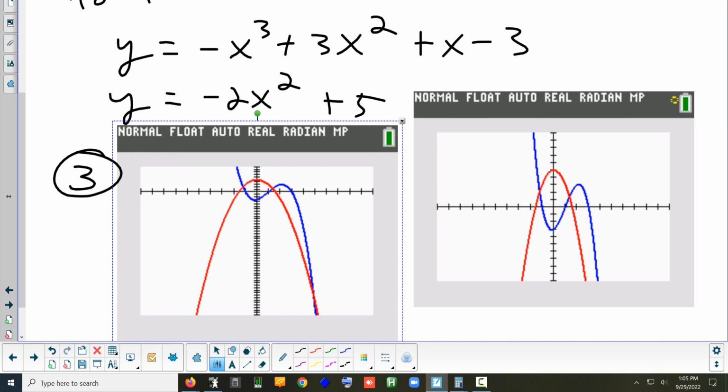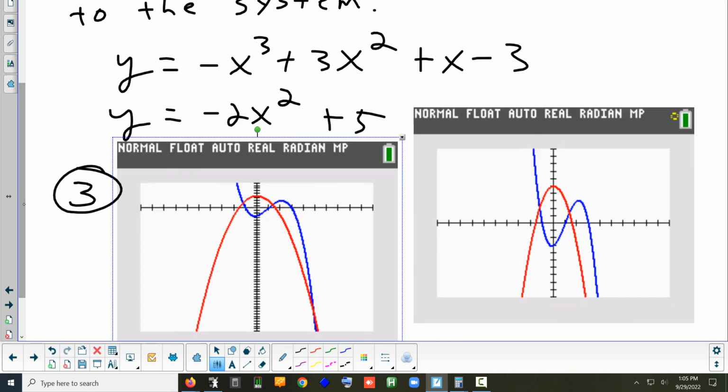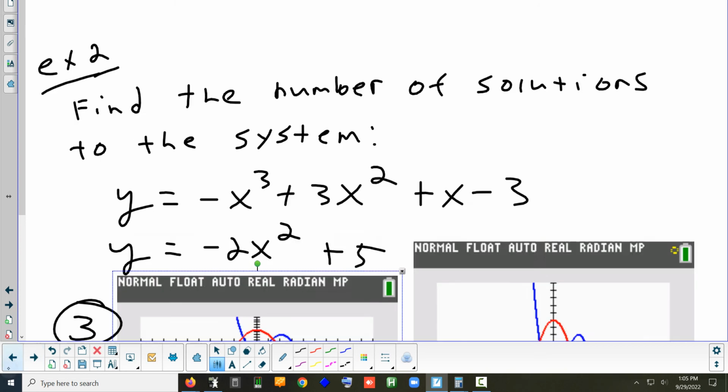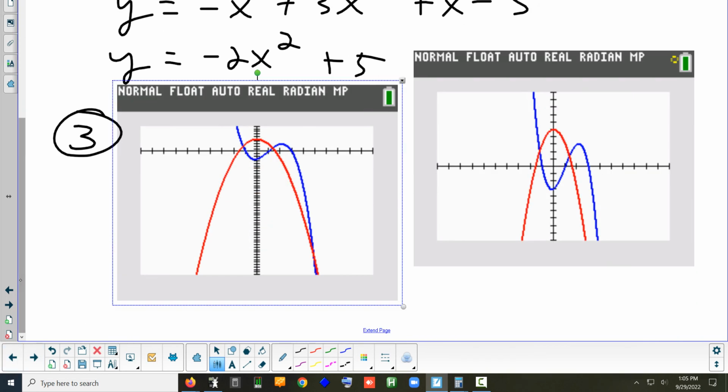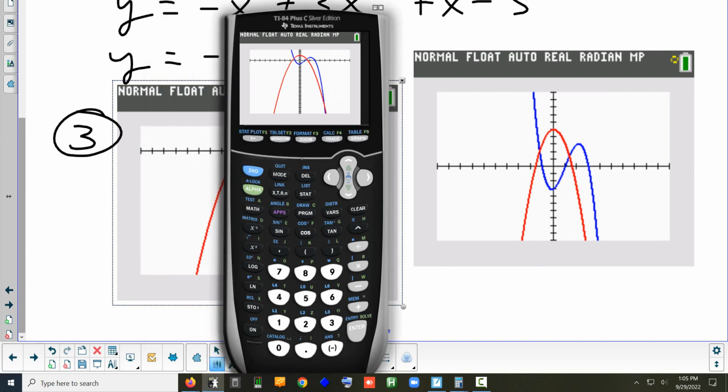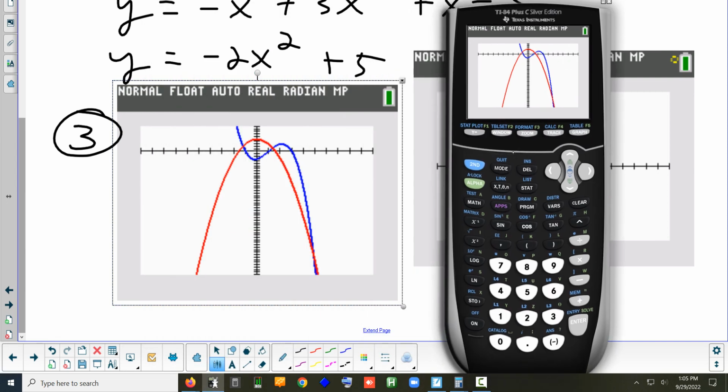Now, while we have that one up, I'm actually going to add to this one so we can skip the last one. Let's actually find the answers here. There are 3. So you'd have to do second calc intersect 3 times. Do it once and put your cursor closer to the left.